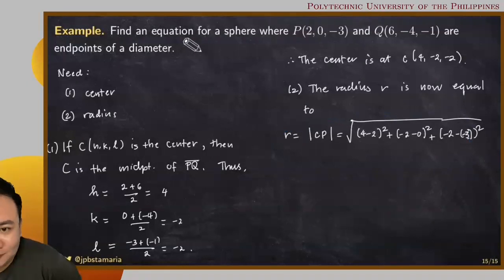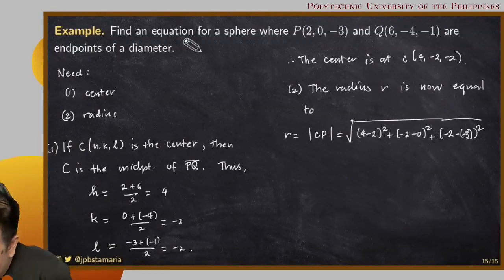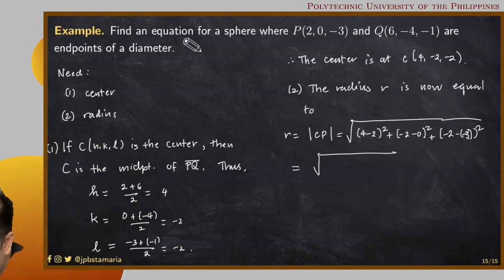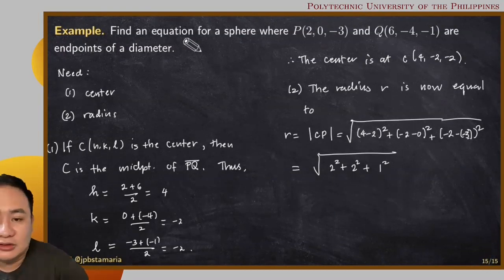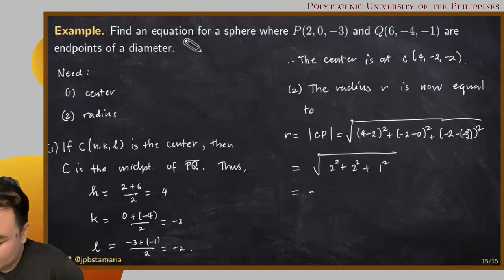Yes or no? Okay. Sagutan natin. Square root ng 2 squared plus, basically 2 squared lang ulit yan, no? Plus, ito naman, 1 squared. Tama ba? 4 plus 4 plus 1 is 9. Square root of 9 is 3. So, the radius is 3.